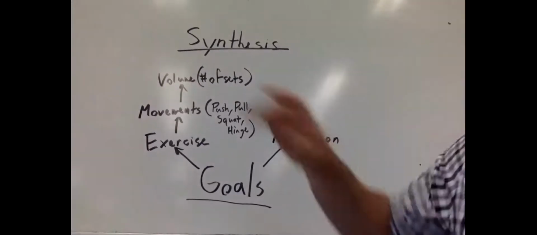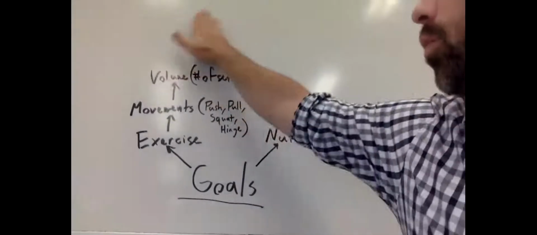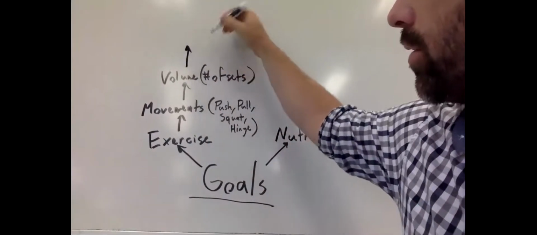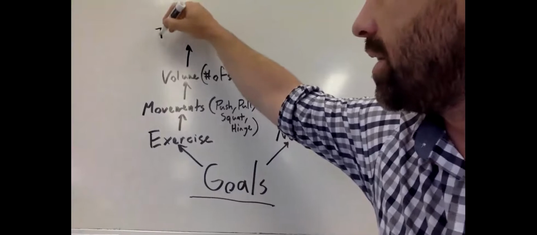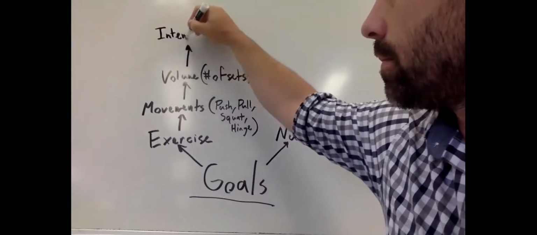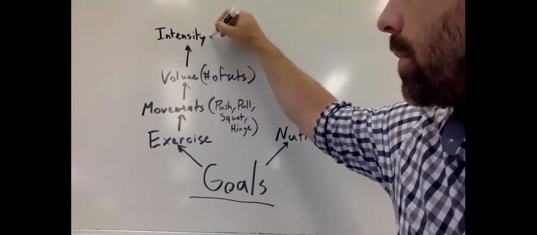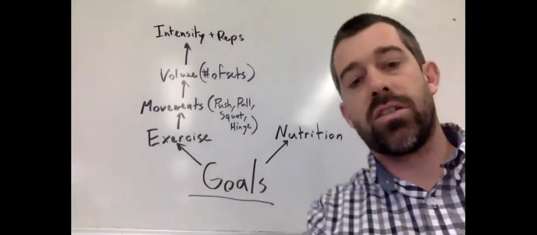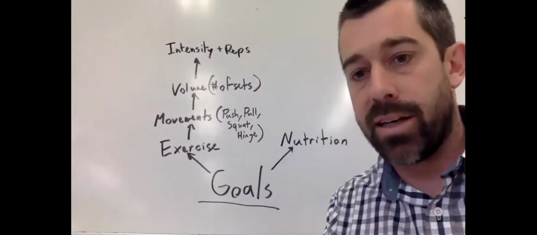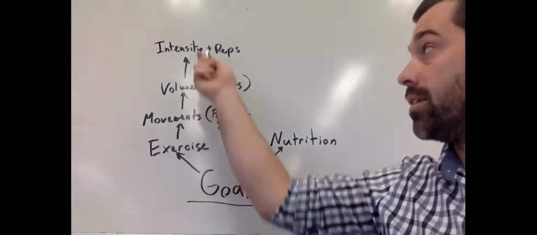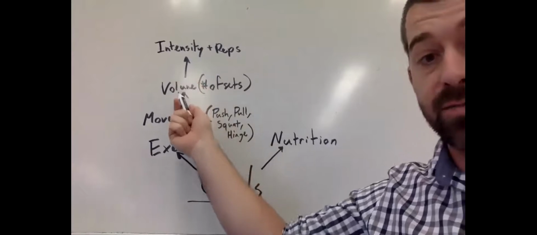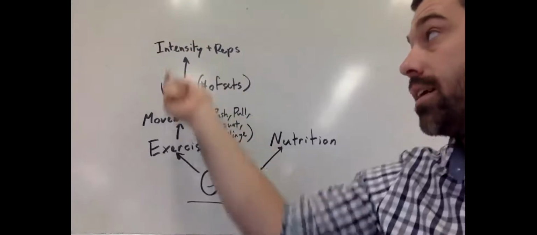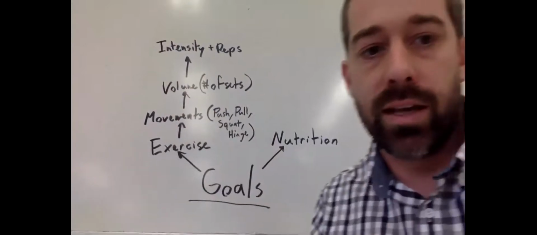After we focus on volume, we then have to think about intensity and reps, because those go together. You can't just decide one and not think about the other. They are also directly related to volume and to movement and to their goals. So you can't necessarily decide one without thinking about the others.